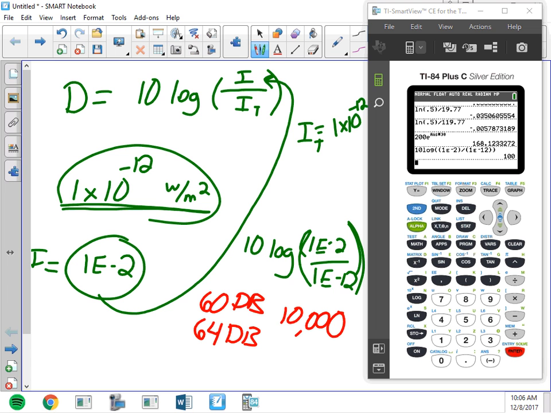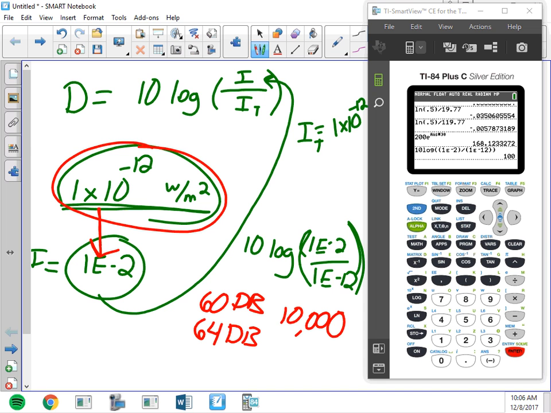Well, if this is the quietest sound we can hear, how do we get to here? Well, that's 10 to the 10. Which is a huge number, 10 to the 10th.